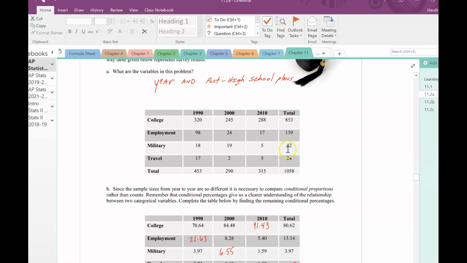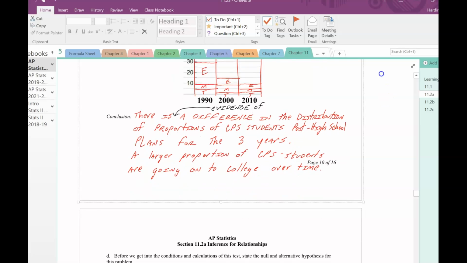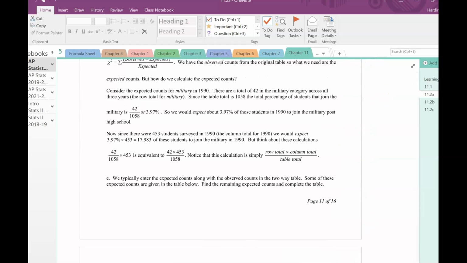So 42 out of our table total of 1,058 is what we would expect. So 42 out of 1058 is about 3.97%. We would expect a little less than 4% of the students to have gone into the military.